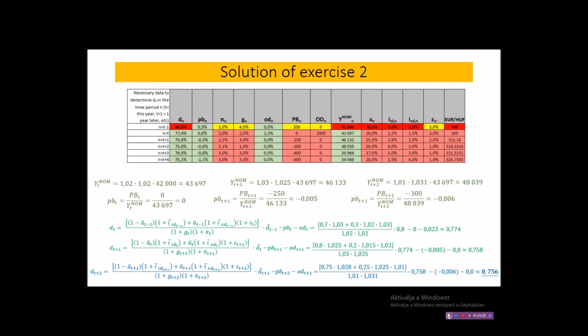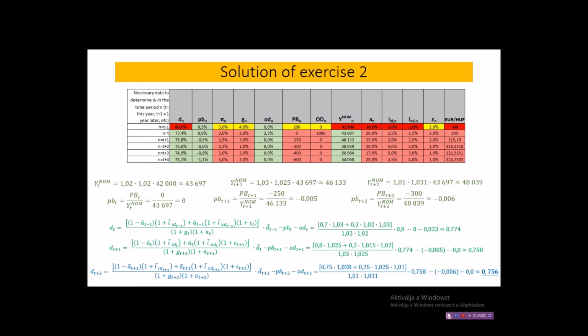To this we will add 0.25, which is a t plus 1, multiplied by 1 plus I xdt plus 1, which is 1.025, and multiplied by 1.01, which is 1 plus epsilon in the t plus 2 time period.